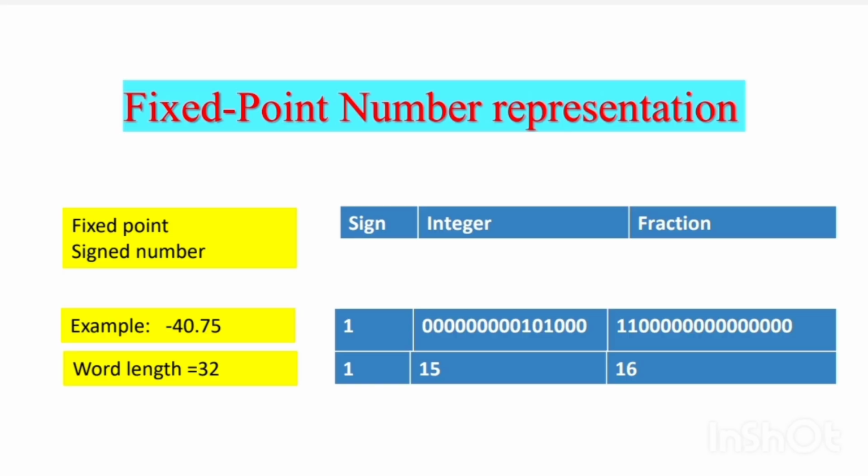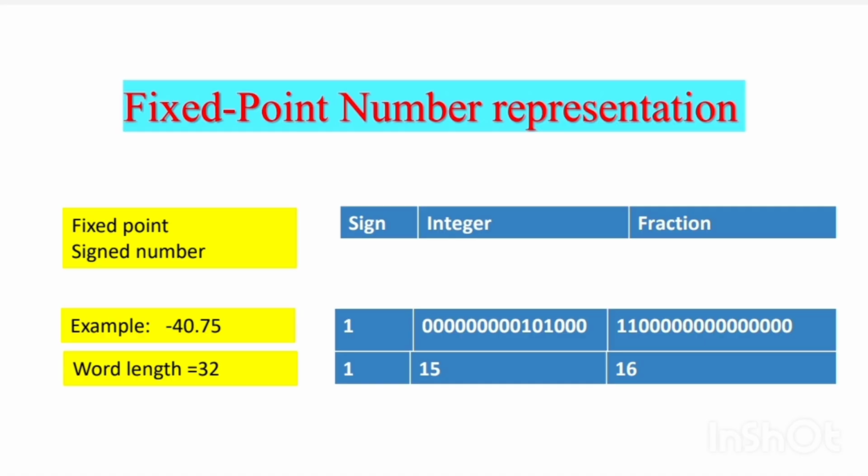Exactly 40 is equal to 101000 in binary, and we need 15 bits for the integer part, so we put zeros towards the left side of the binary pattern of 40 to get a word length of 15.